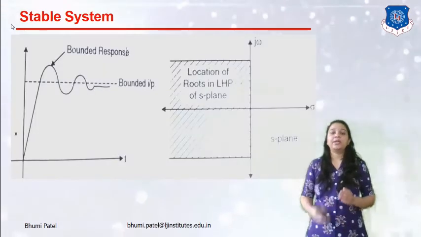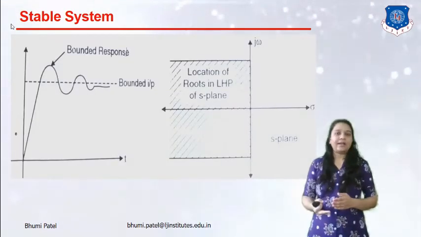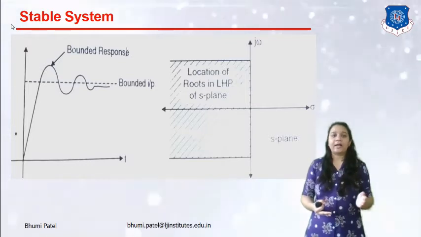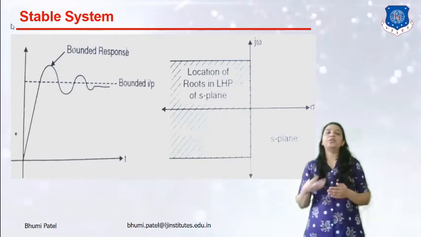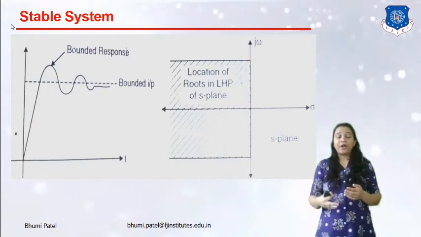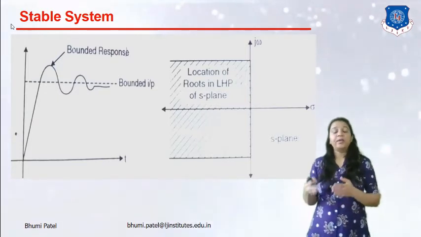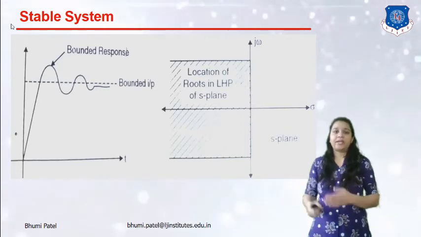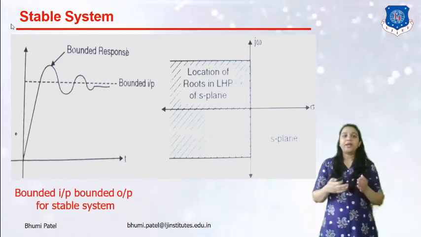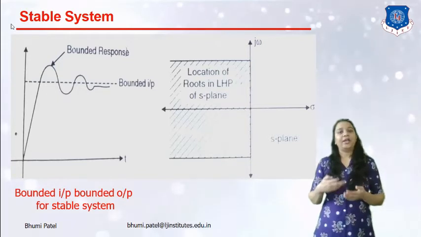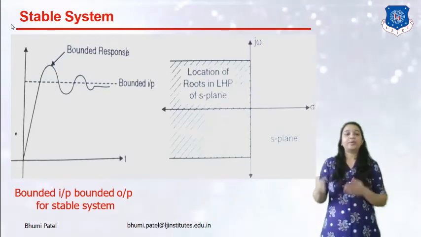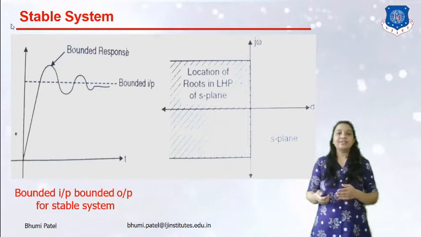In this graph, on the left hand side diagram, a bounded input is given to the particular system. For that we get a transient response, and after some time the output becomes steady. That means for the bounded input we get a bounded output. This type of response is for the stable system.